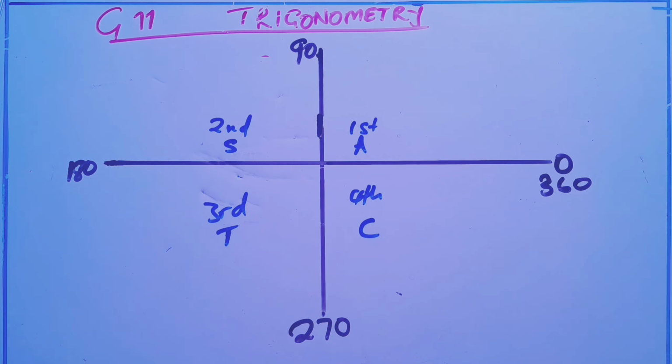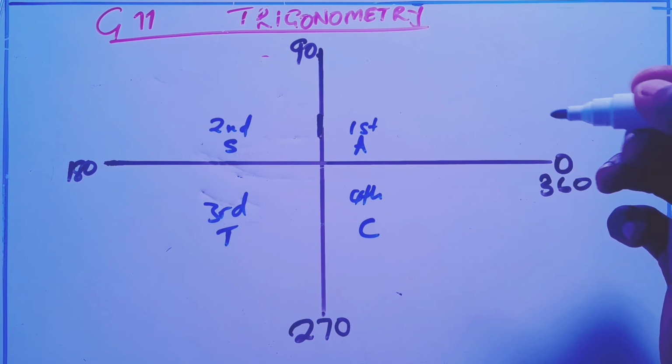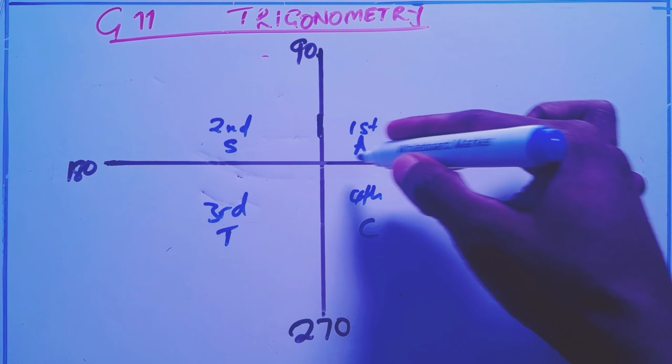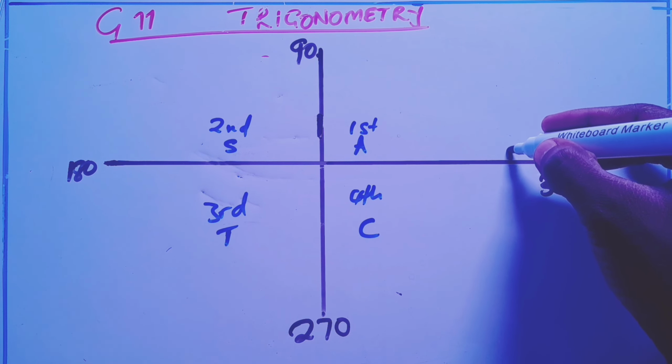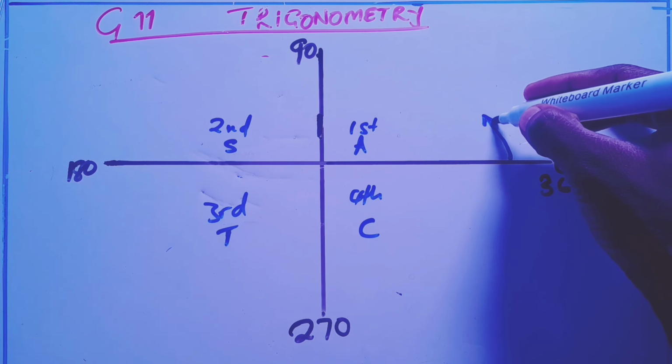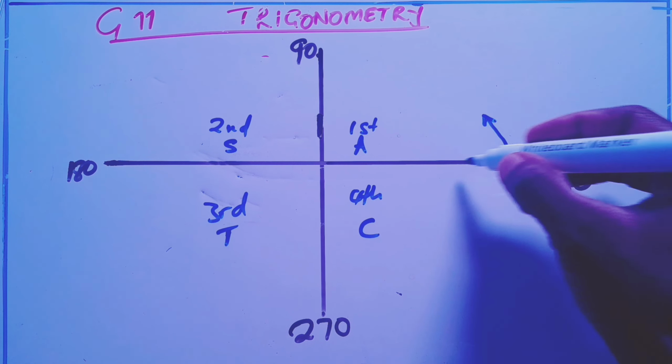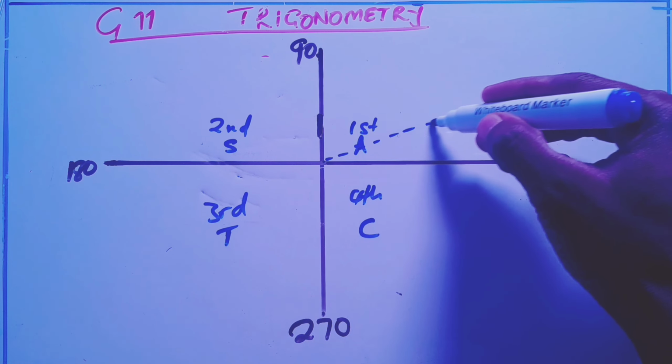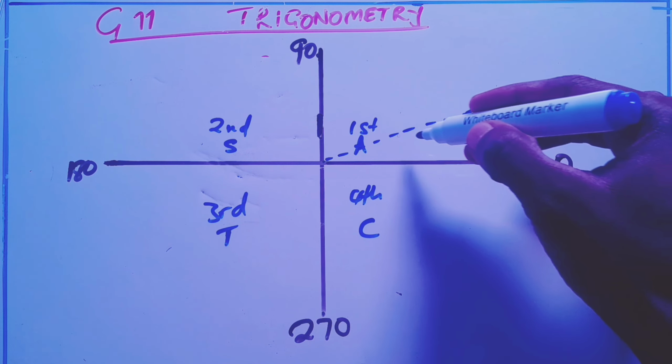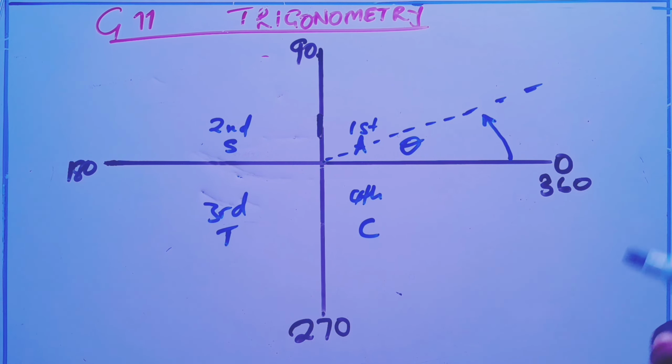As I said, if we are counting anti-clockwise, we are adding. So this is the zero line. Any movement from this line means that we're going to have our angle theta like that in the first quadrant.